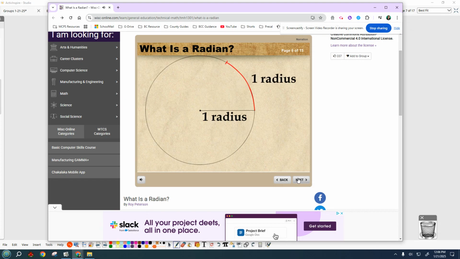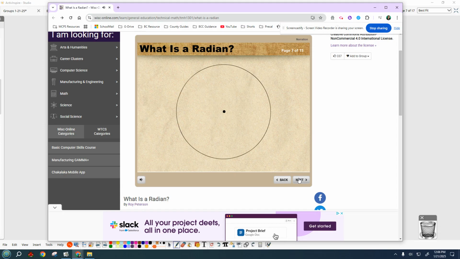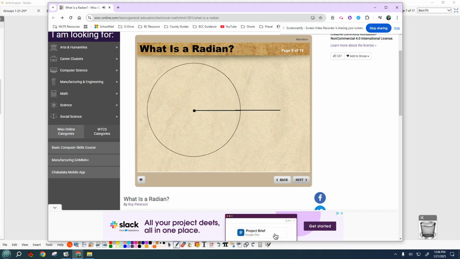It's completely random. Subtended. Take that length of the radius.